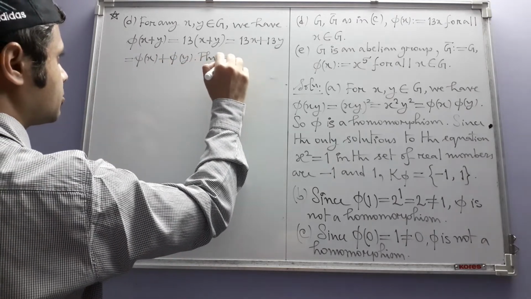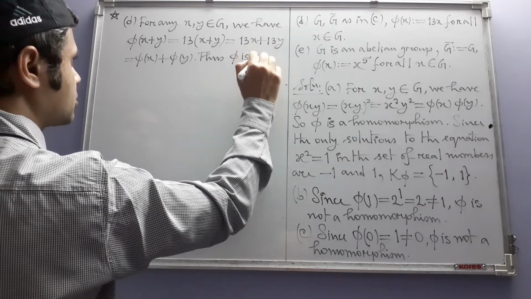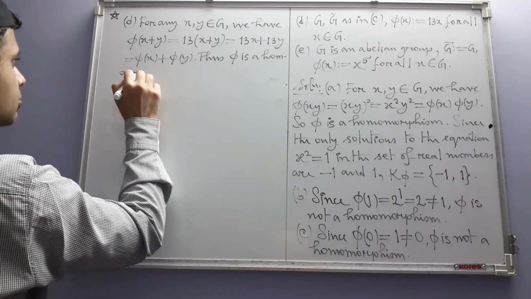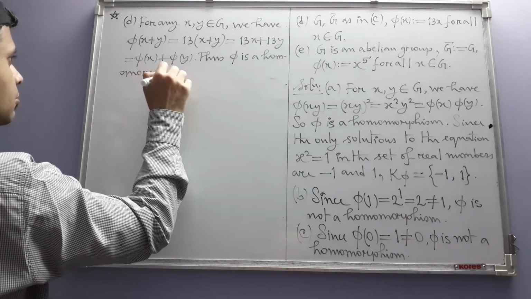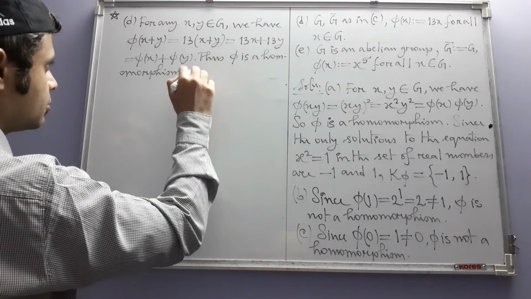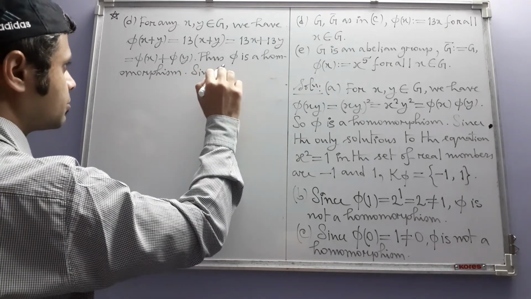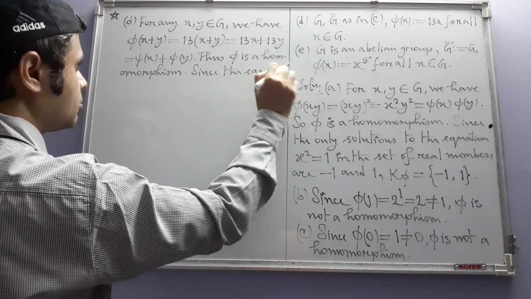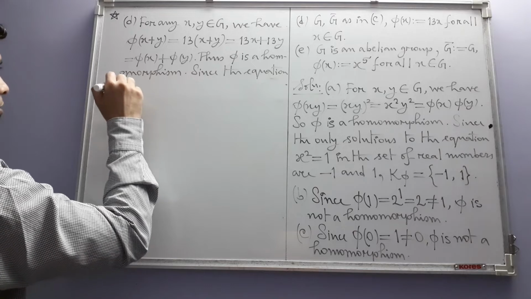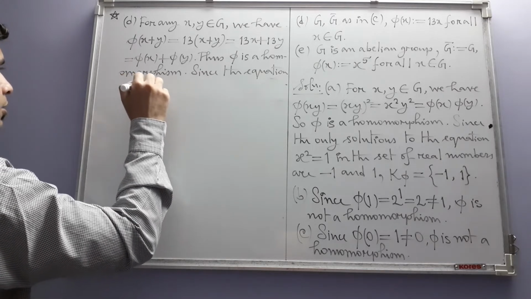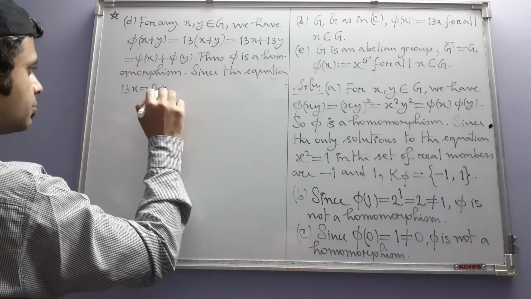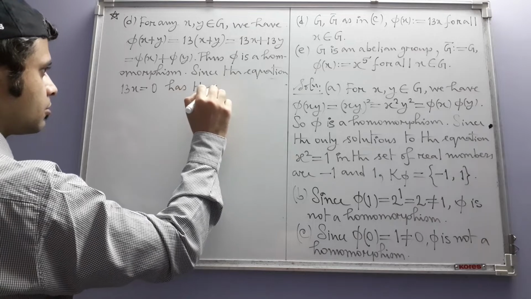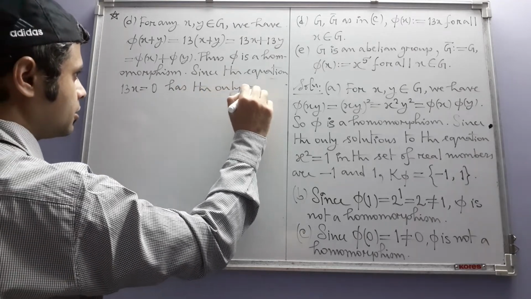Thus, phi is a homomorphism since the equation 13x equal to 0 has the only real solution.